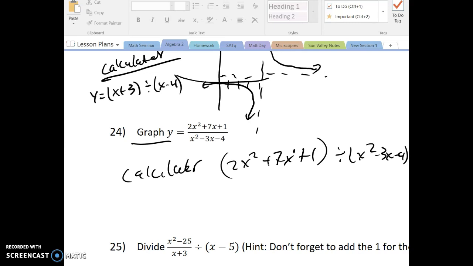So we have x squared minus 3x minus 4. Hit graph. And the graph is going to look like this.